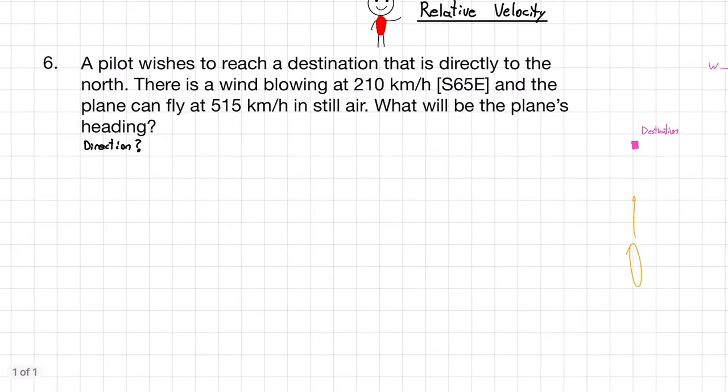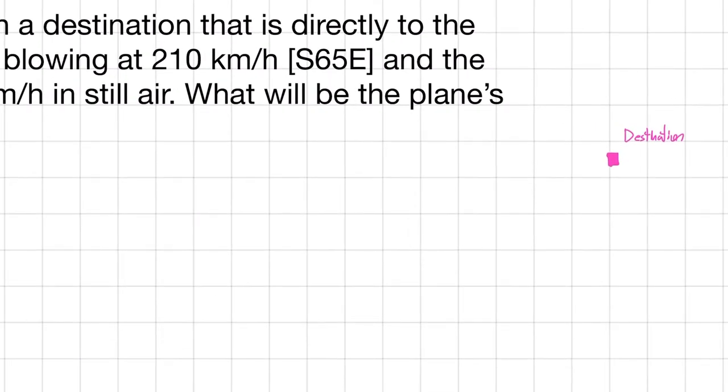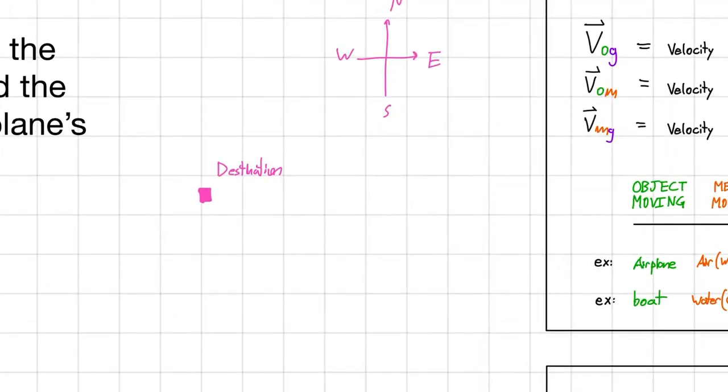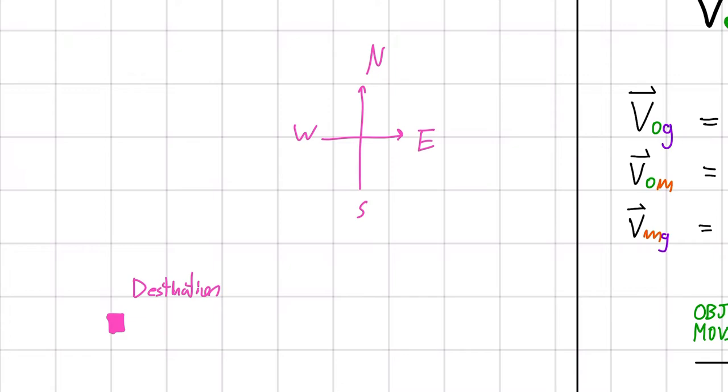Now, what else do we know to draw this sketch more accurately? Well, there's a wind that's blowing 210 kilometers per hour south 65 east. So let's look on here, south 65 east. So we're going to go south and then 65 degrees towards the east. It's going to be about here.